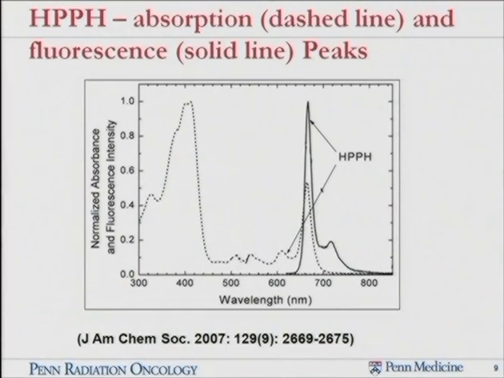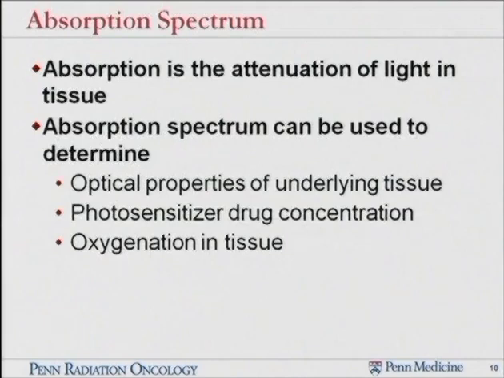The fluorescence peak is a single peak, reasonably strong, at a wavelength that overlaps a bit with hemoglobin absorption, but still is a clear peak.